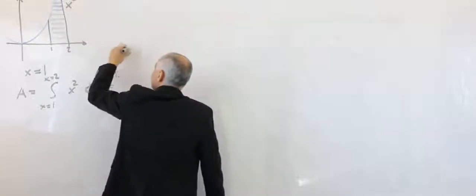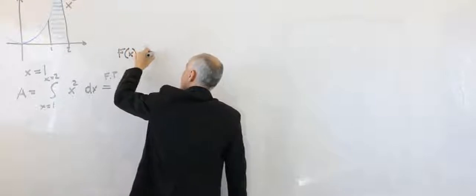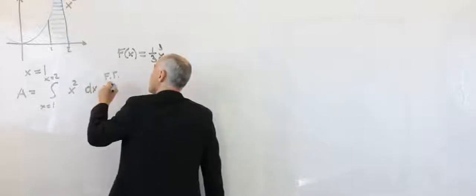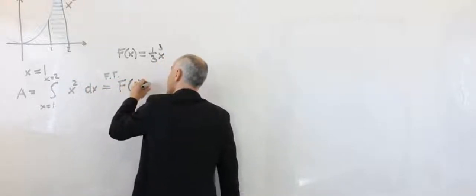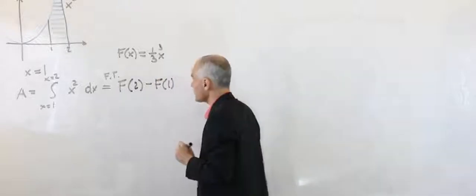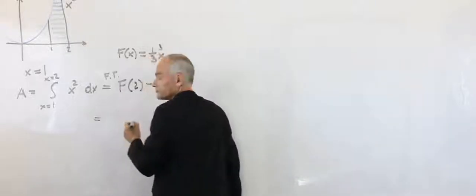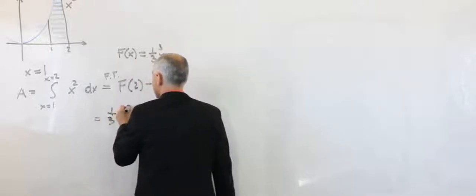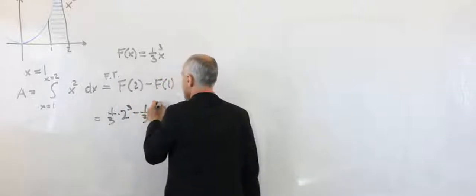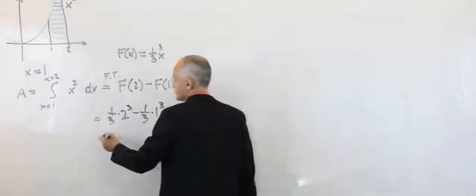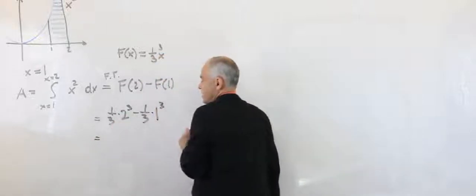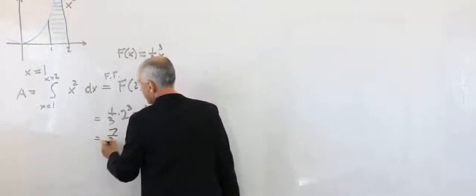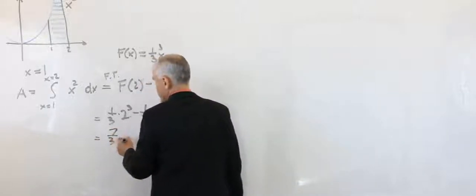So if I let f of x be, say, 1/3 x cubed, and I pick the constant to be 0, then this integral is equal to f of 2 minus f of 1, which is 1/3 times 2 cubed minus 1/3 times 1 cubed. So this is equal to 8/3 minus 1/3, so 7/3. A little bit more than 2.